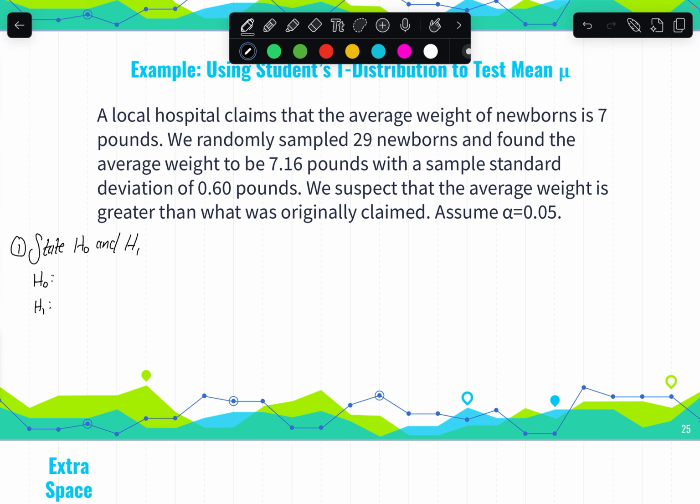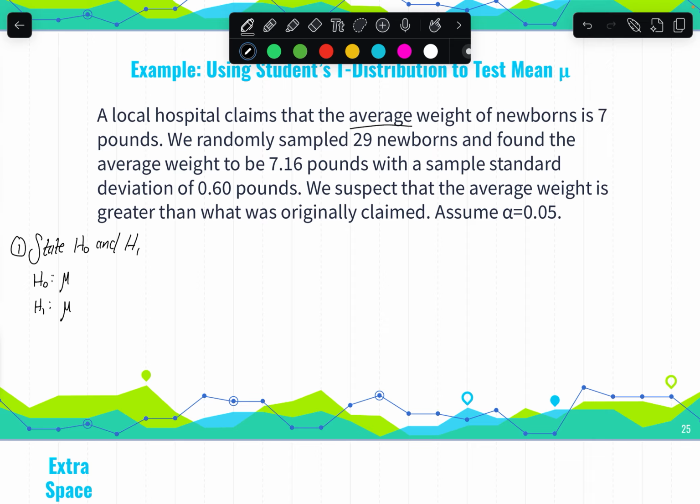Are we working with an average or a proportion? Here we're working with something about average weights. So we're going to be working with a proportion. Not a proportion, we're going to be working with a mean. My bad. So we're going to write out the symbols for the population mean because we're making hypotheses based off of the population here on both.